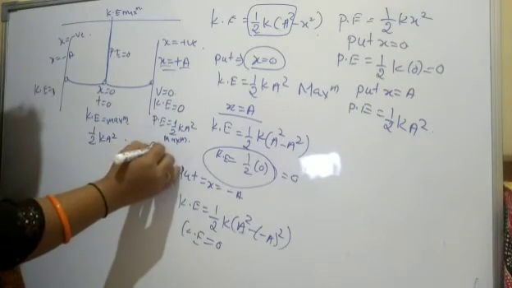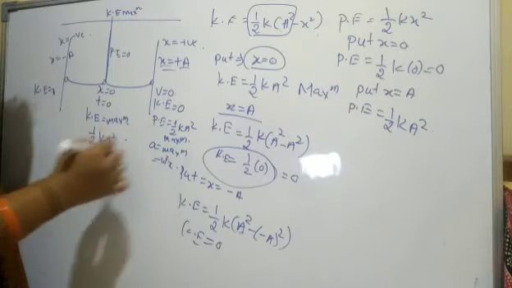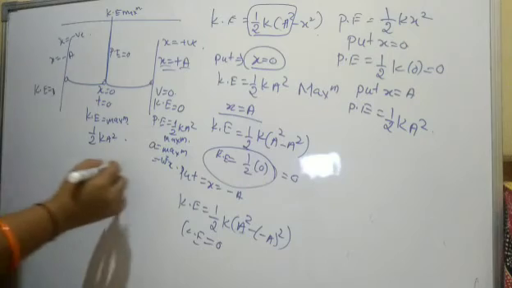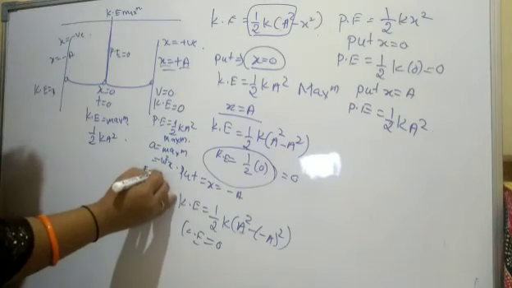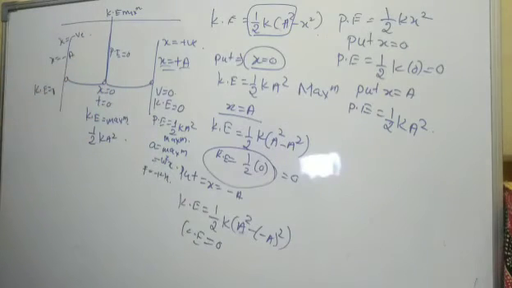Acceleration will also be maximum, where we get −ω²x, right? And force is also maximum. So force, acceleration and potential energy will be maximum at the extreme position.